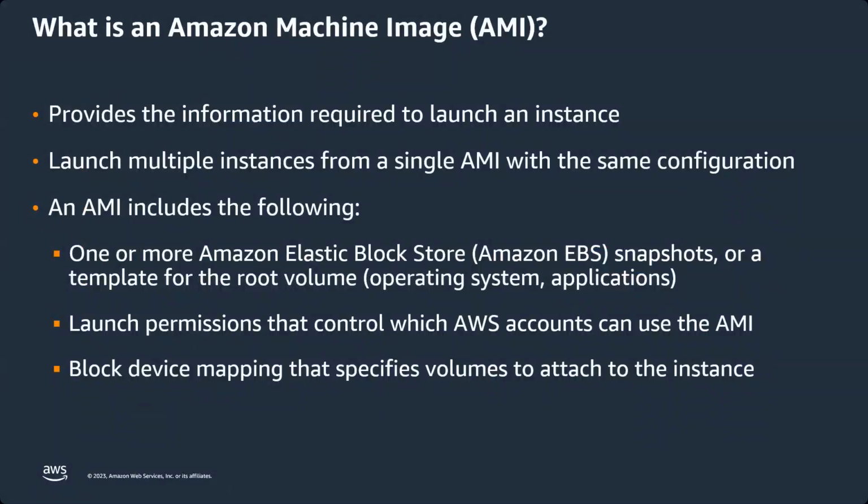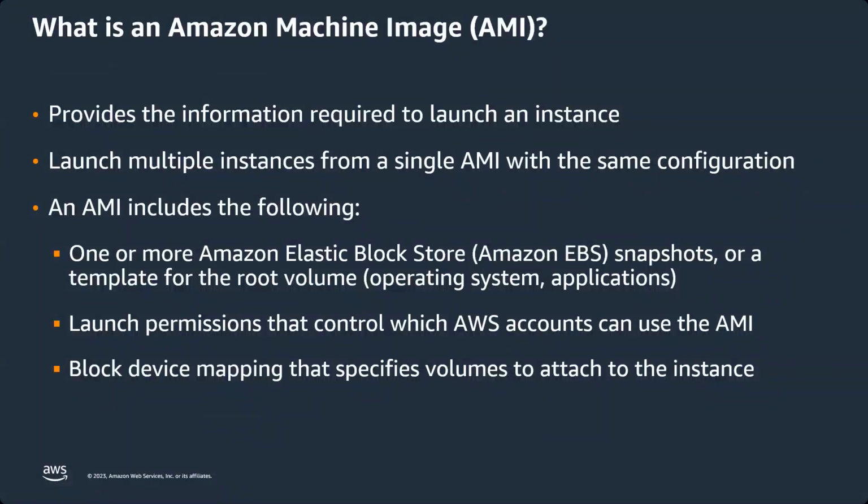Okay, so now the Amazon machine image. An Amazon machine image provides the information required to launch an instance, right? It is a supported and maintained image provided by AWS that provides all the information required to launch an instance. You need to specify an Amazon machine image, or an AMI, when you're launching an instance.